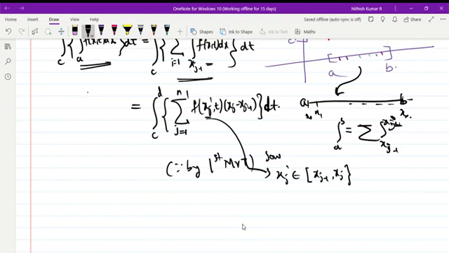This xj dash is some point in between x(j-1) and xj, and this is true for all j between 1 and n. So my integral now becomes, taking this summation outside, this summation.